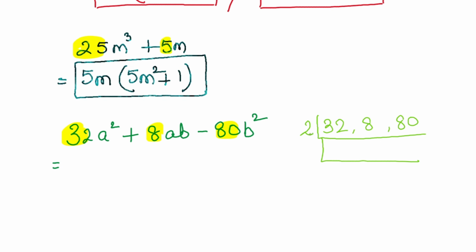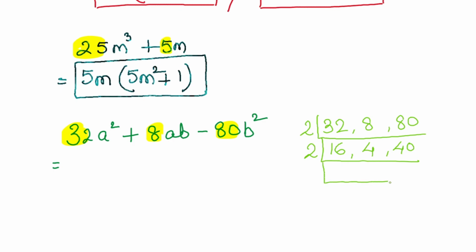Now 32 divided by 2 is 16. 8 divided by 2 is 4. And 80 divided by 2 is 40. Can you think of another number which divides all the three? Yes, you can either think of 4 or think of 2. 2 is easy to go by because all these three are even numbers.